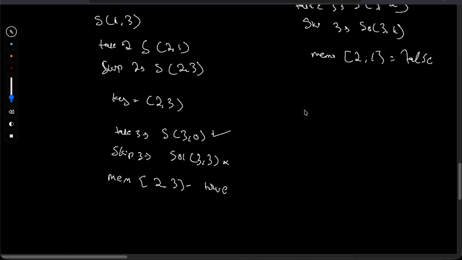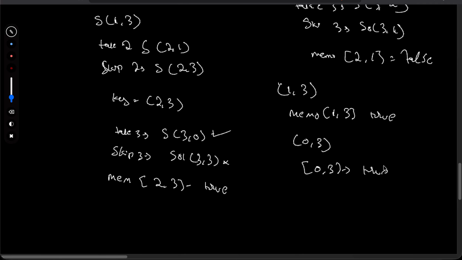We go back to solve 1, 3. The result is true because memo of 1, 3 is true. So we go back to solve of 0, 3, and the result is true because we stored this 0, 3 as true.